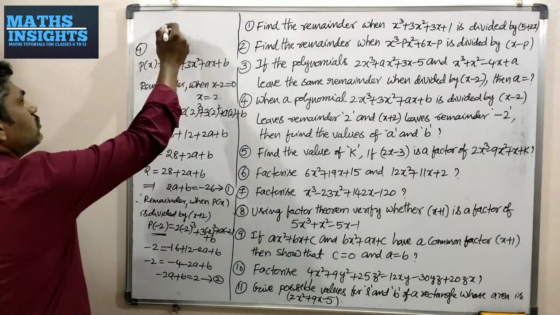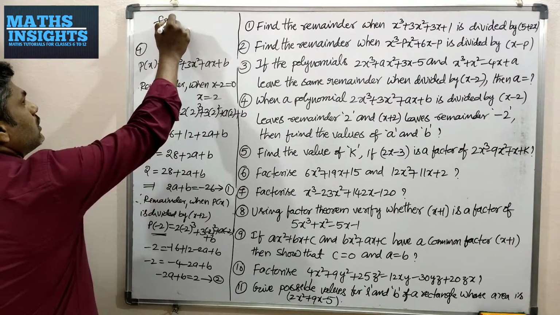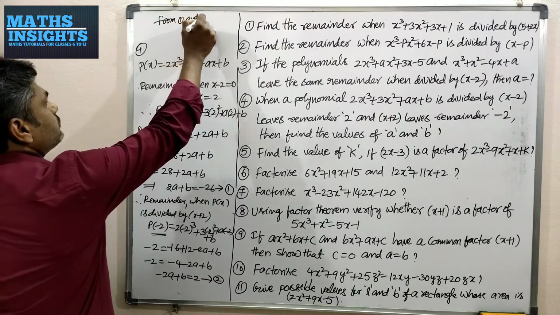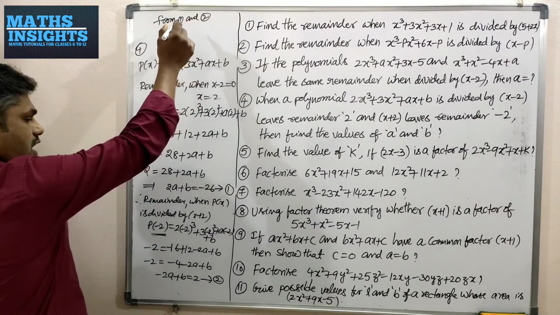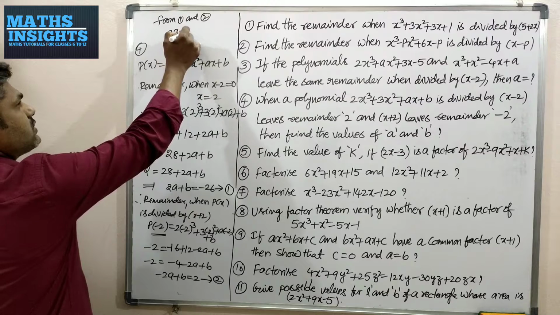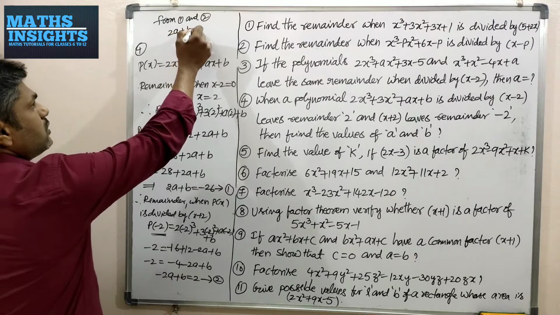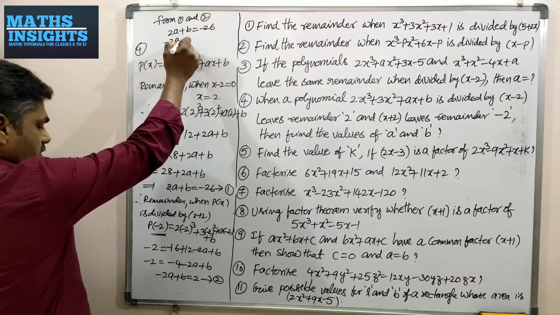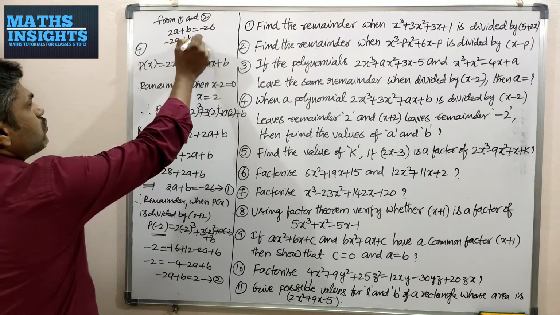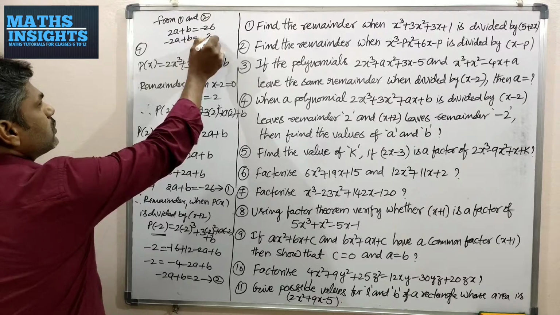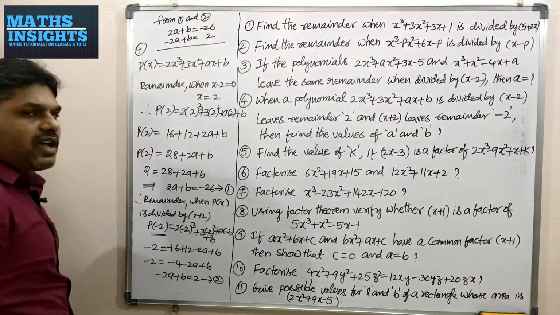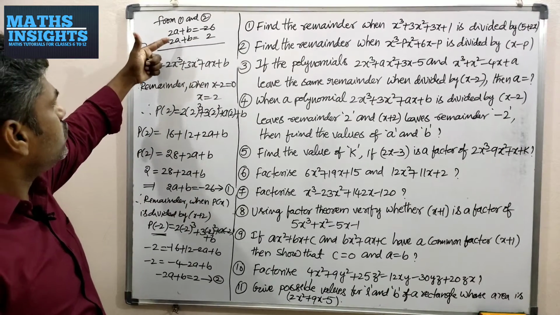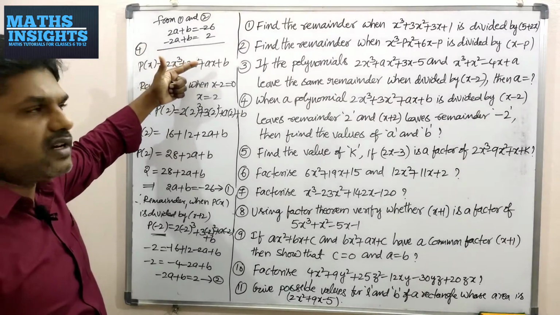From 1 and 2, I am writing 1: 2a plus b is equal to minus 26. Second one: minus 2a plus b is equal to 2. See, on addition, 2a minus 2a will get cancelled.